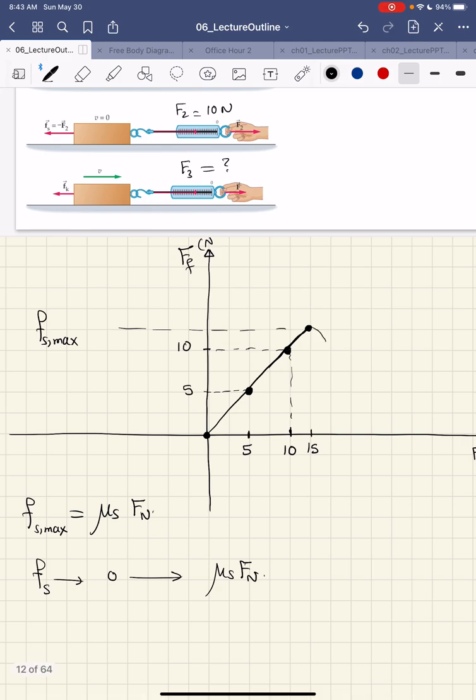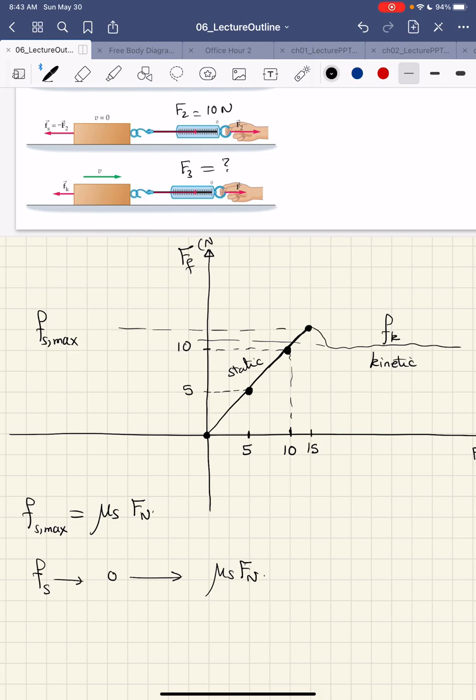After that, the force needed to keep the motion, here I will talk about Fk, the force of friction, and it is kinetic. Here I was talking about static friction.